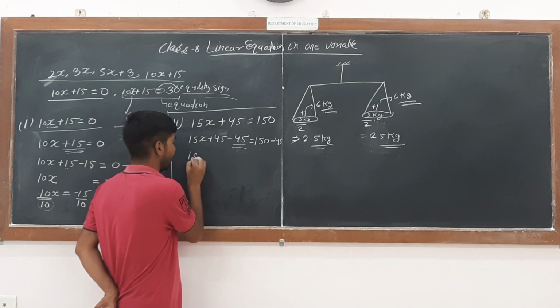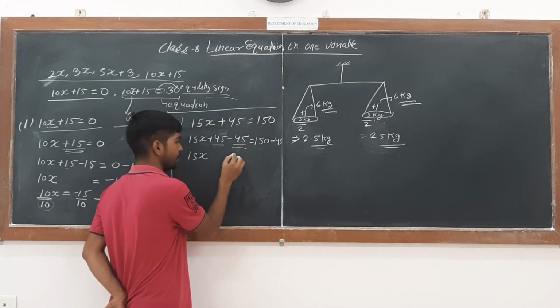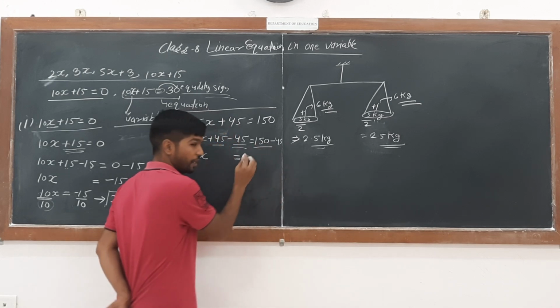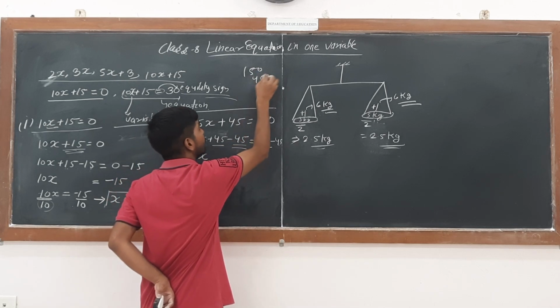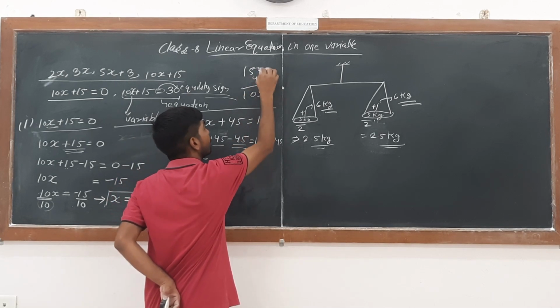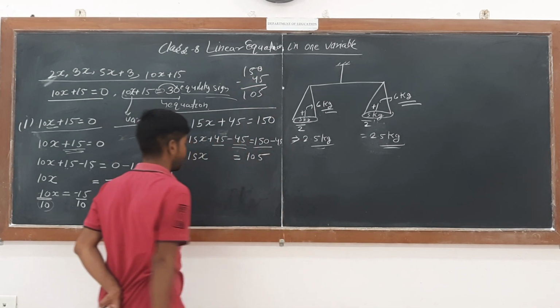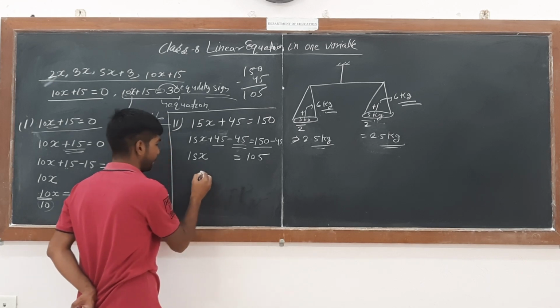Now, 15x plus 45 minus 45 will give me 0 extra, and on the right side 150 minus 45 will give me 105.